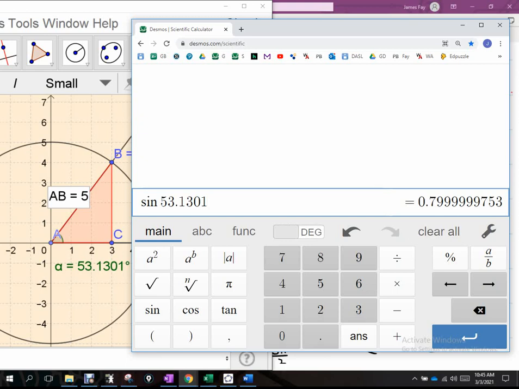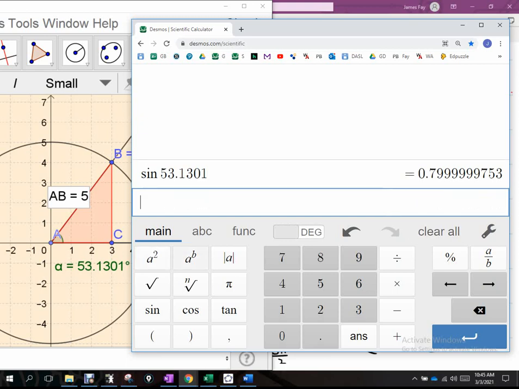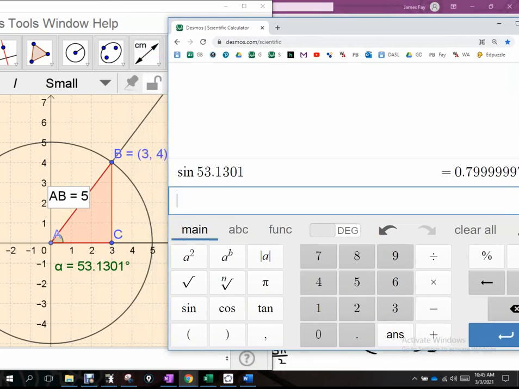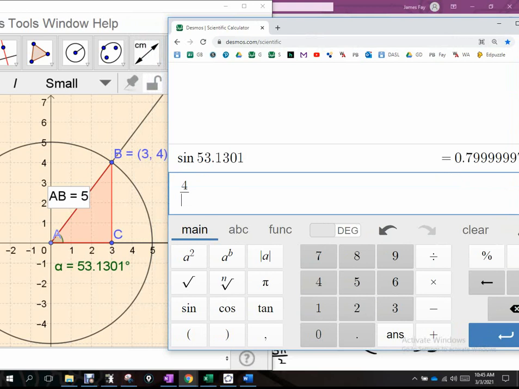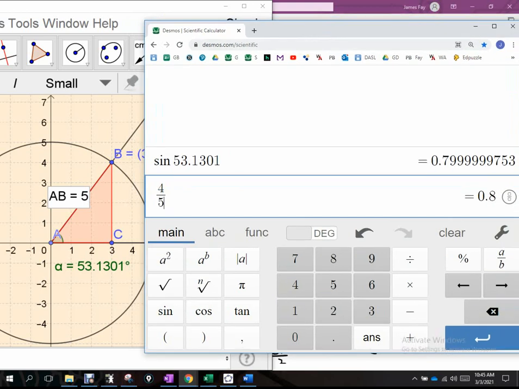Okay. Now, we said it's also y over r. Well, our y value was 4. Our r value is 5. I should get 0.8. So what do you think I should do with this number here to make that 0.8? This is rounded, right? Okay. So the more decimal places I have there, the better, the more precise that will be.